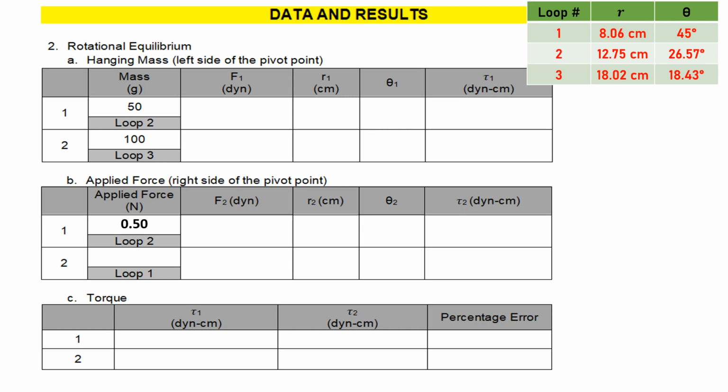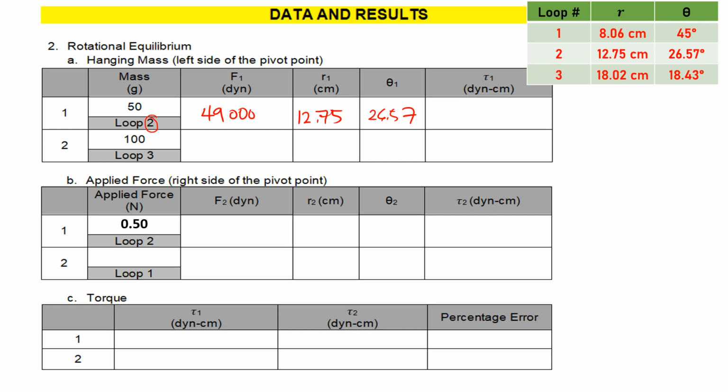The given here is mass of 50 grams. We need to multiply 50 by 980, so the answer here is 49,000. The 50 grams is at loop number 2, so what is the value of R and theta at loop number 2? This is 12.75, and theta is 26.57. Now let us compute for the torque.